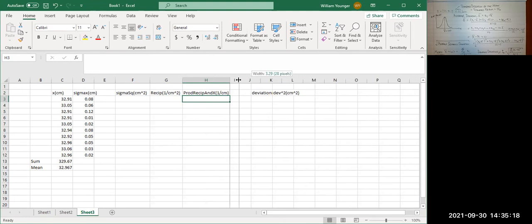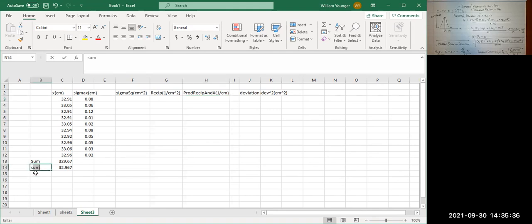So what I'm going to do now is compute standard deviation. Okay, so let's ignore this sigma column right now and just calculate the standard deviation. Well, the standard deviation of this, according to Excel, nope, not that one.